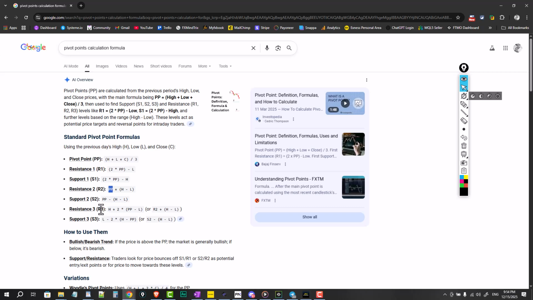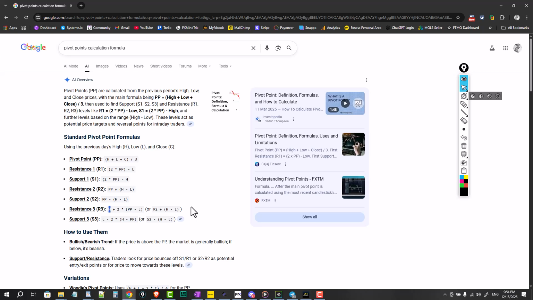And then R3, you can see that we would add the highest price of the previous day's candle to the resulting value of 2 times central pivot minus low, or R2 plus H minus L.